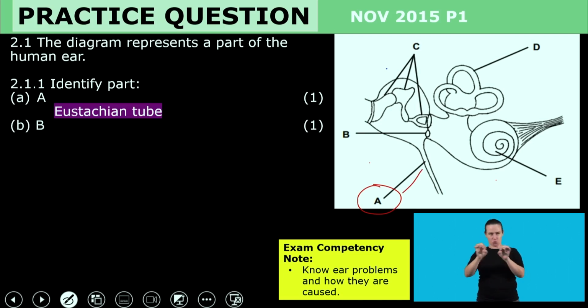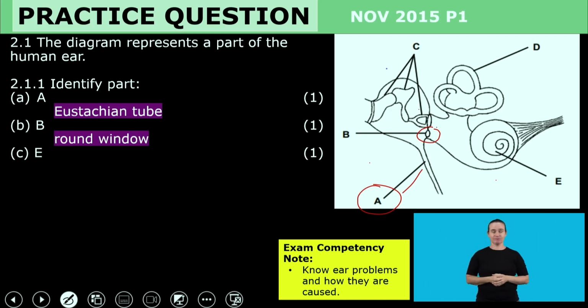And you identify part B, so you come and check this is part B. It's not attached to the ossicles, and that is the round window. And identify part E. The part E is the regular one that we see that is looking like a shell, and that is the cochlea.